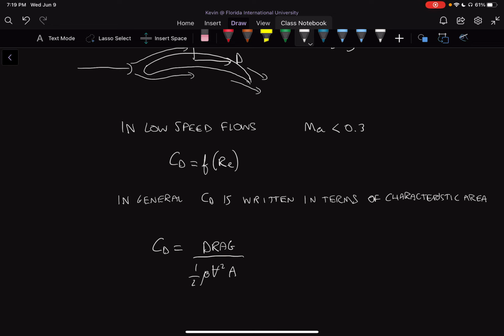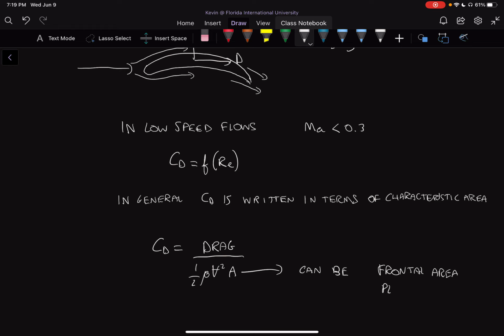Okay, so this characteristic area can be 3 different areas. It can be the frontal area hitting the wind, okay, or the water or whatever it is.